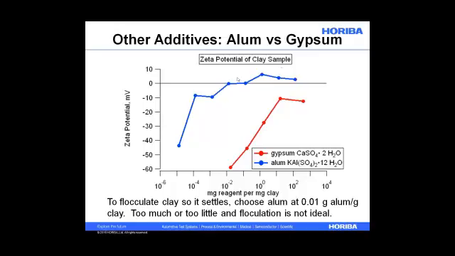There's another effect here, which is as you add more and more, the surface charge starts negative, goes to 0, and then becomes positive. Well, that's not good news, because once you drive the surface charge positive, the particles will once again repel each other, and you will restabilize your suspension. So adding the right dose is really important, because if you add too much, you're not just wasting money, you could be wrecking your process.